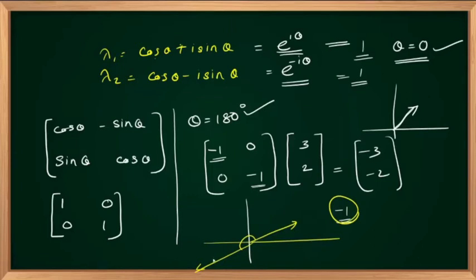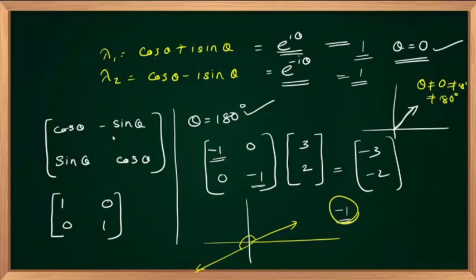The basic idea of an eigenvector is that it should not lose its direction, so for theta not equal to 0 or 180 degrees, you cannot have a real eigenvector for this matrix, because any vector is going to rotate. If it rotates, it loses its direction. Is the idea clear to you?